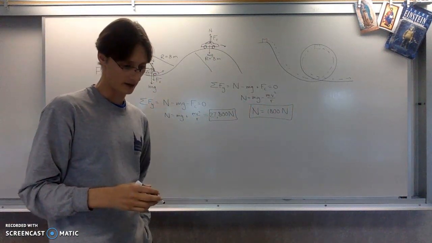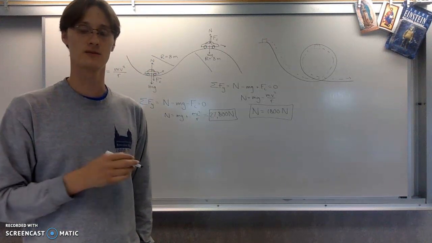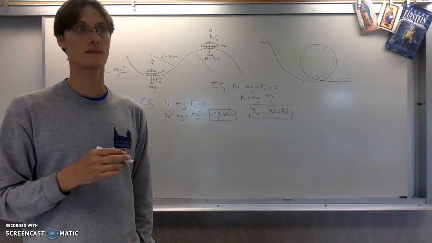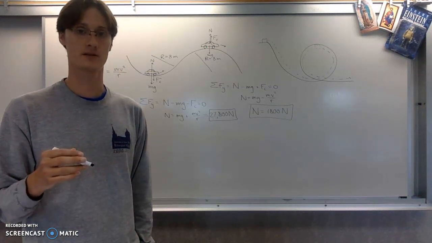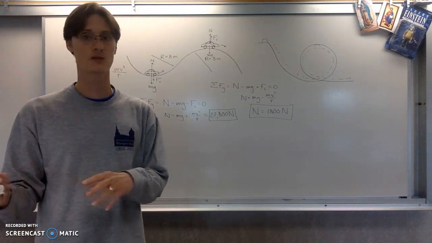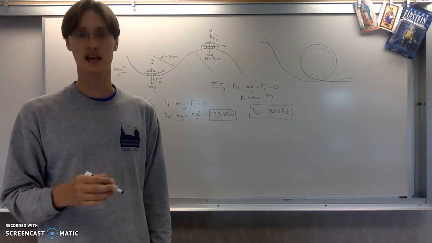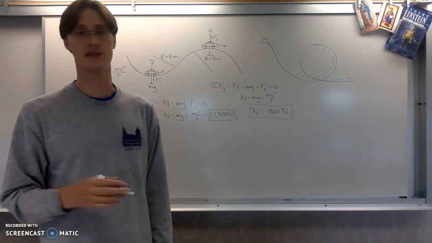All right, now part C is leading us into something which is really important about circular motion, which is that very frequently there's either a minimum speed or a maximum speed that something has to have to stay moving in a circular path.